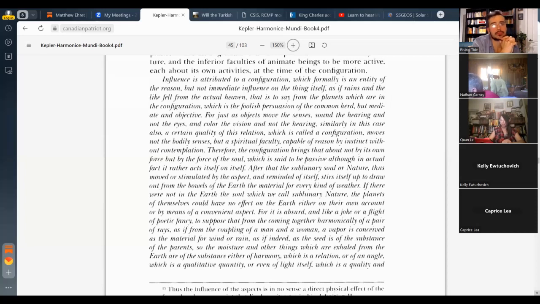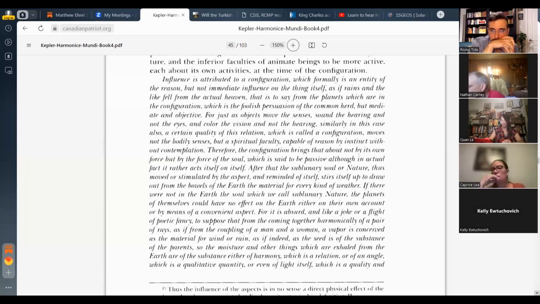For just as objects move the senses, sound the hearing and not the eyes, and color the vision and not the hearing, similarly, in this case also, a certain quality of this relation, which is called a configuration, moves not the bodily senses, but a spiritual faculty capable of reason by instinct without contemplation.